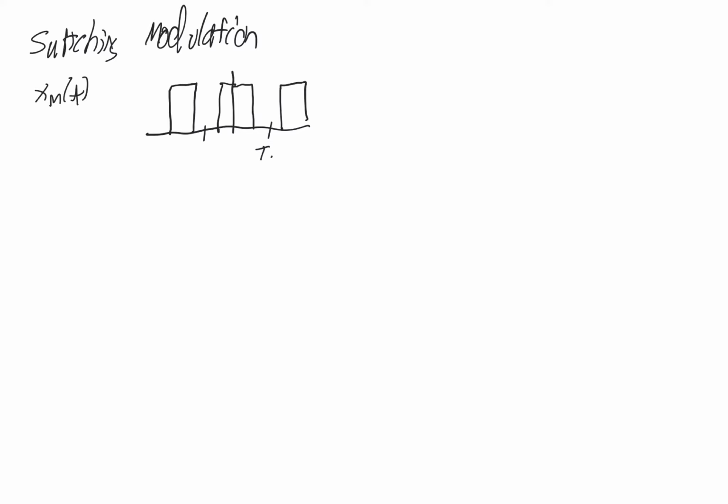So here we have T over 2 and minus T over 2, and there is a frequency that corresponds to the period of that waveform. It'll have amplitude A, or we could consider it 1 volt for our example.